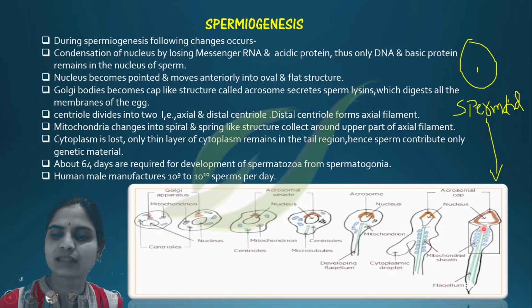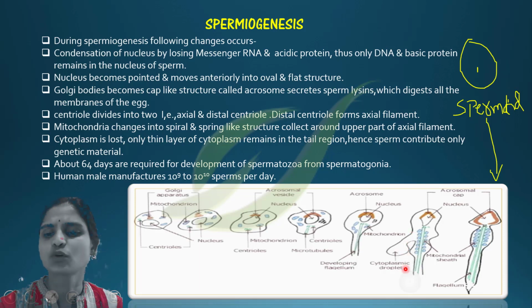Next we can say that the cytoplasm present in the spermatid is lost. A slight amount of cytoplasm will be present in the tail region of the sperm. Cytoplasm in the head part is completely nil.